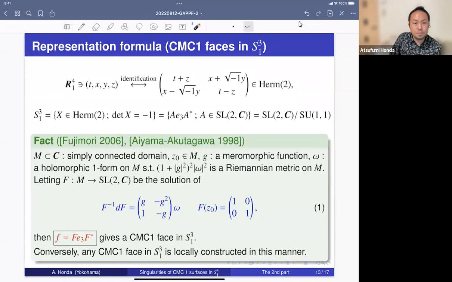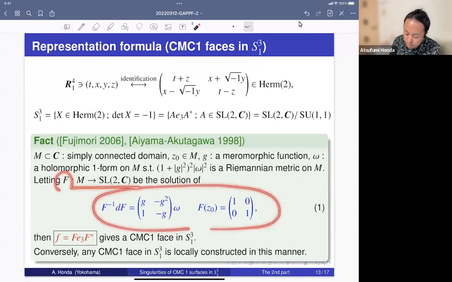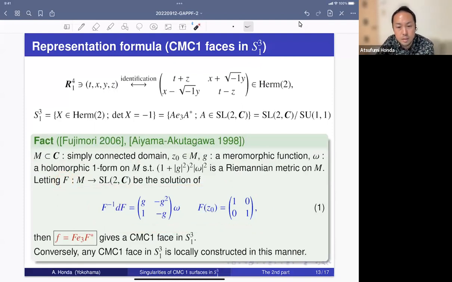The basic items are very similar to maxfaces. M is a simply connected domain of C, and z0 is a base point, and g is a meromorphic function on M, and omega is a holomorphic one-form on M, such that this is a Riemannian metric on M. So let F be a solution of this ODE initial value problem.